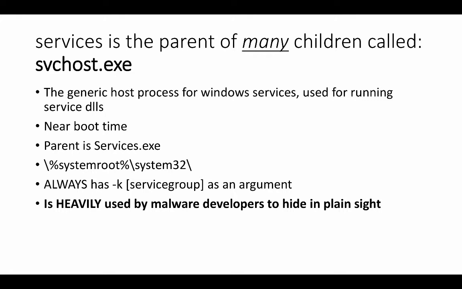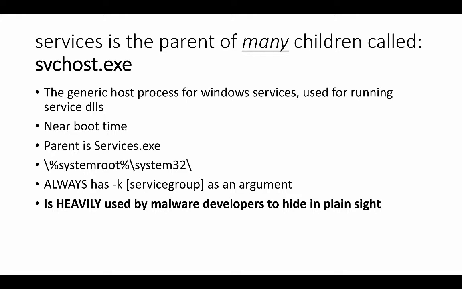And then what services.exe does is go crazy and give birth to a ton of children. And those children are called svchost.exe, or service host. This is basically a generic process in Windows that's responsible for hosting Windows services or Windows service DLLs. That's its job.